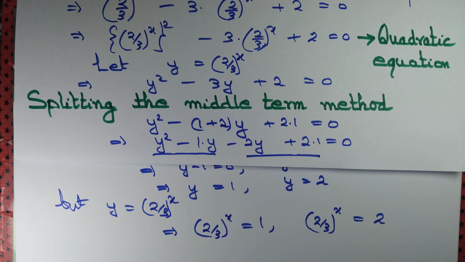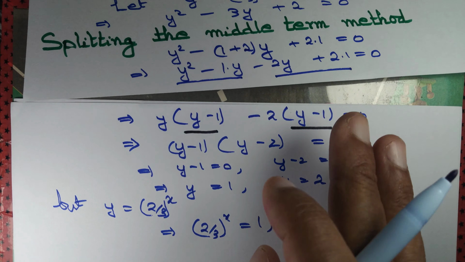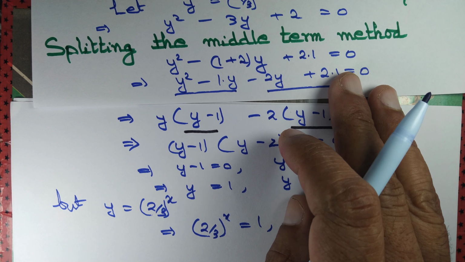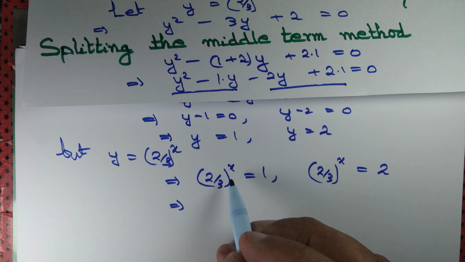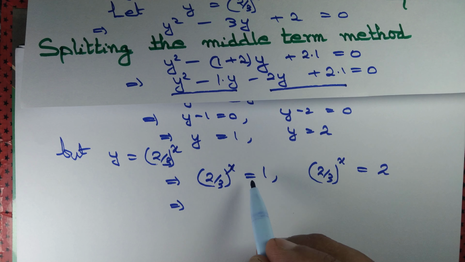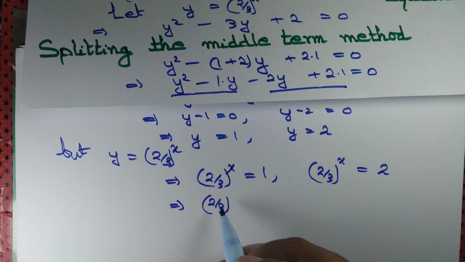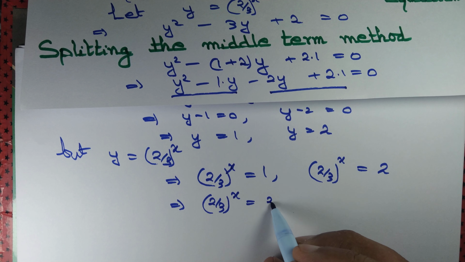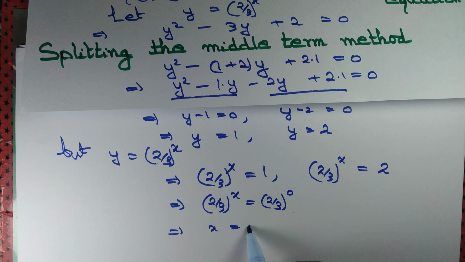One of them must be true, or maybe both of them are true. Now we see that in this case x must be equal to 0 because (2/3) to the power 0 is 1. So let's write one more step: (2/3) to the power x equal to (2/3) to the power 0. So that forces us to say x equal to 0.